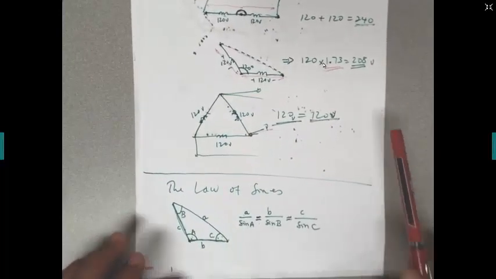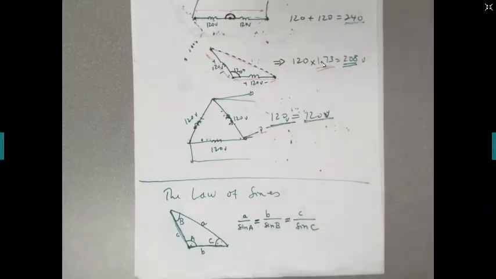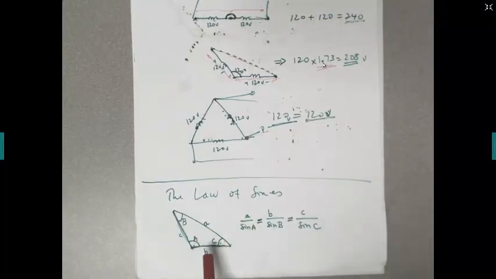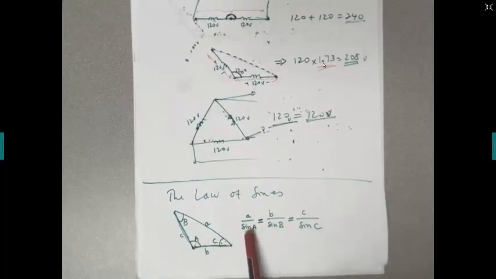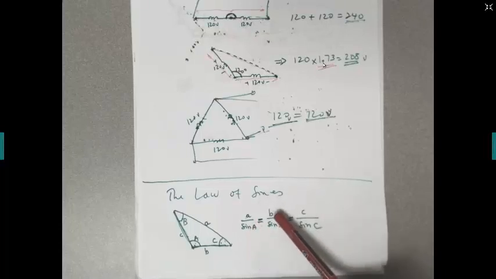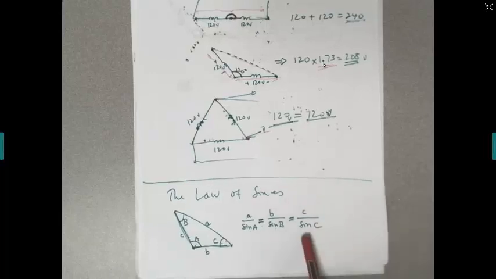Let's see if you remember from your trig class back in high school or in previous classes you took in college. There is something called the law of sines. The law of sines says that if you have a triangle and you know the magnitude of the sides and the angles in between them, you can always say that every side divided by the sine of its opposite angle is equal to the other side divided by the sine of its opposite angle, which is equal to the third side divided by the sine of its angle.